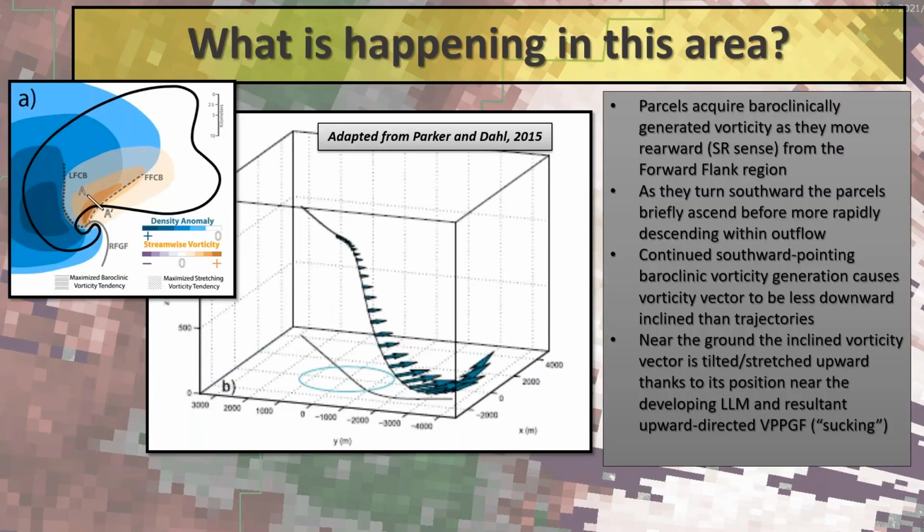And so there again, another look at a cross section in the Parker and Dahl image there, the 3D image showing the descending airstream.